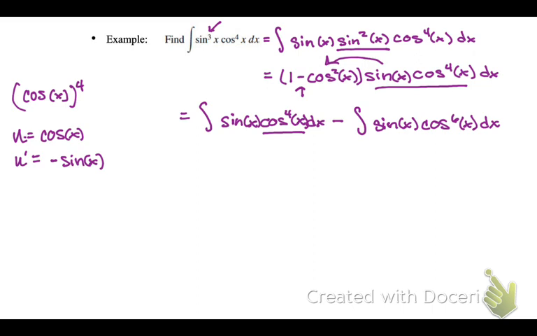And since I have that negative sine of x, I don't have the negative, I have the sine, I just have to add in the negative. So I now have negative the integral of u to the fourth du. And likewise on the second chunk, it would be not negative anymore, but plus the integral of u to the sixth du.